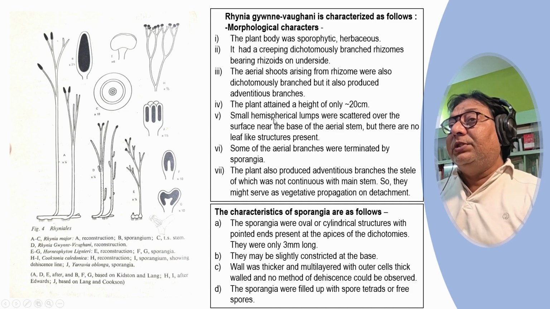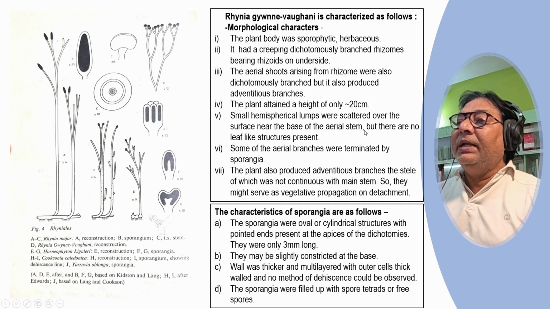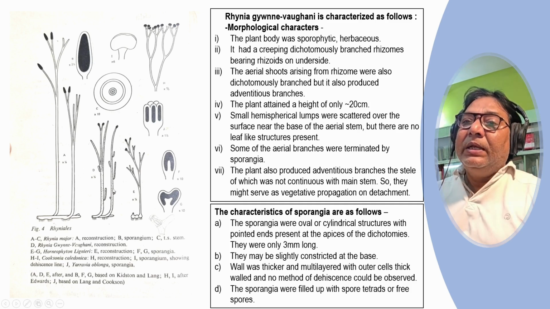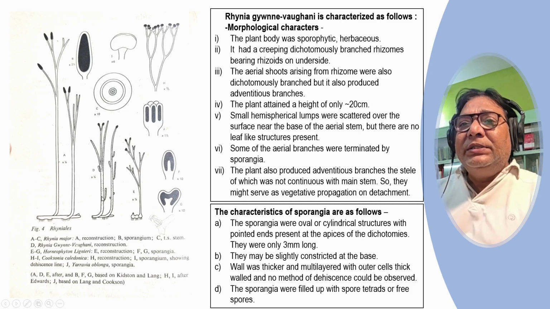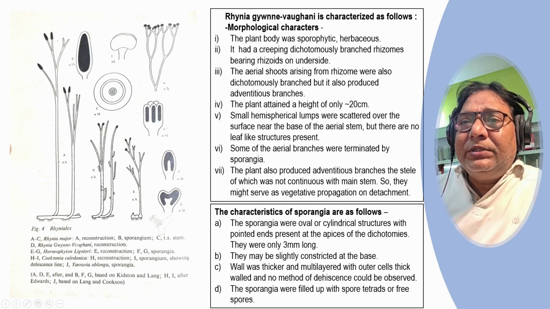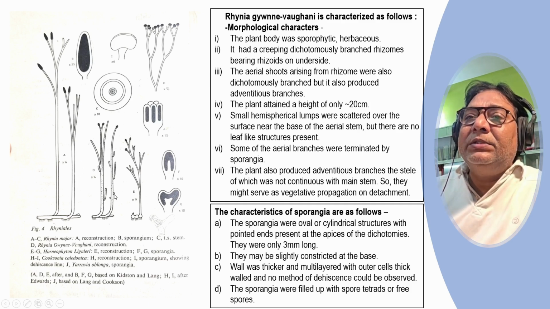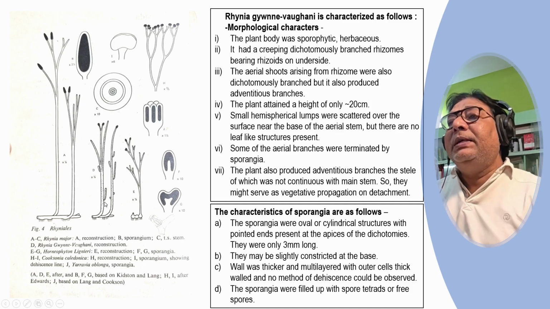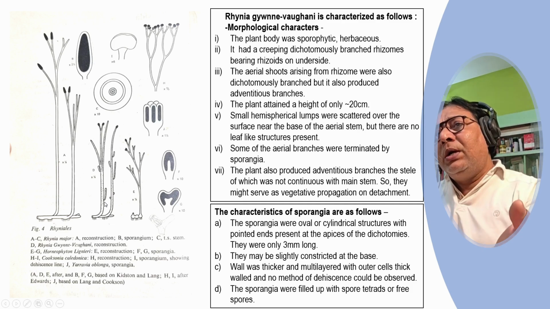One more thing. Small hemispherical lumps or disc-like structures were scattered over the surface near the base of the aerial stem, but there are no leaf-like structures present. You can see the stem is completely smooth, with no outgrowth. These small dot-like things are hemispherical discs or lumps.